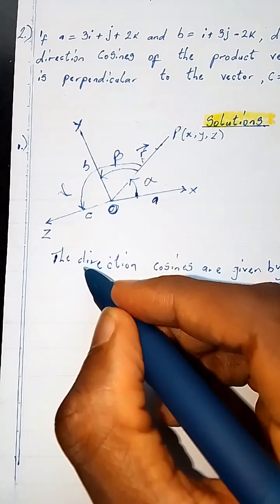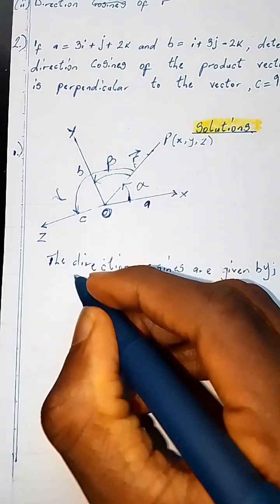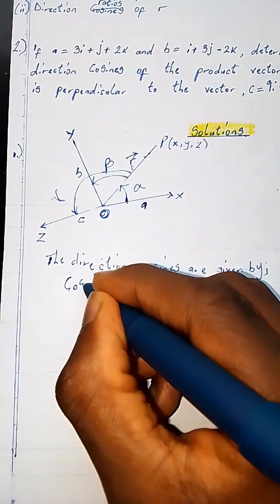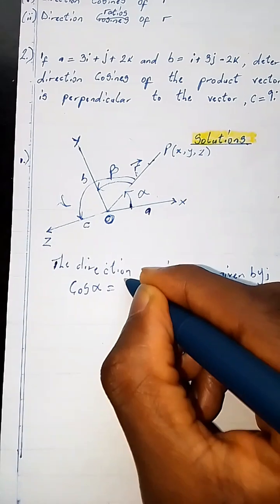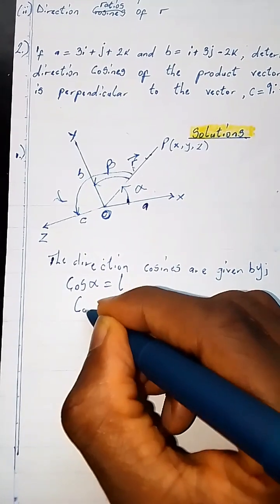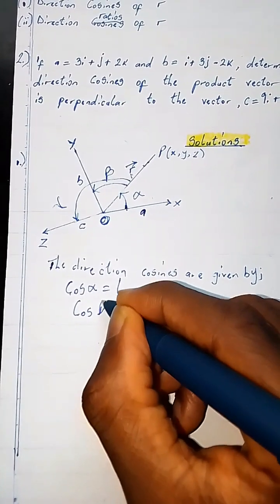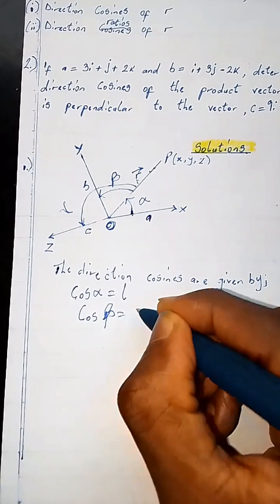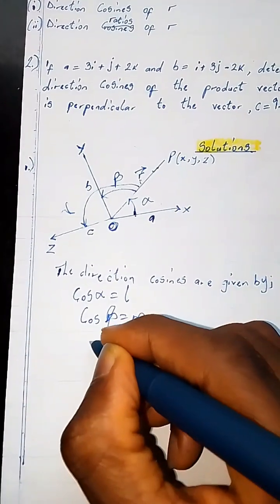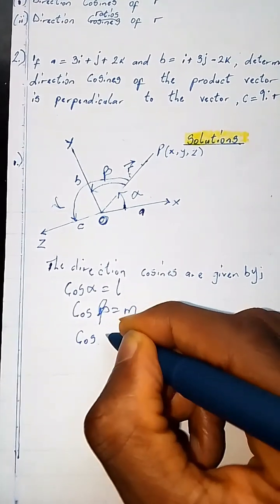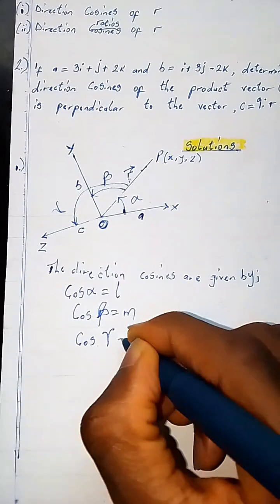So the direction cosines are given by cos alpha, which is always equal to l, cos beta is always equal to m, and cos gamma is always equal to n.